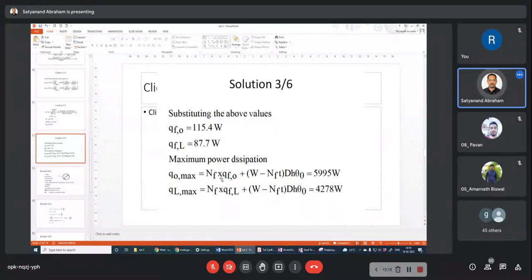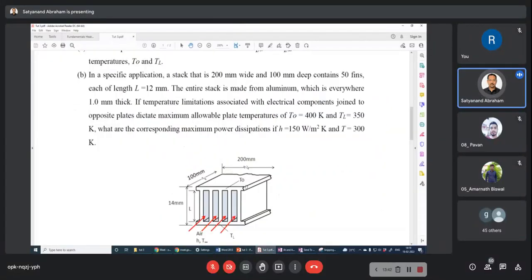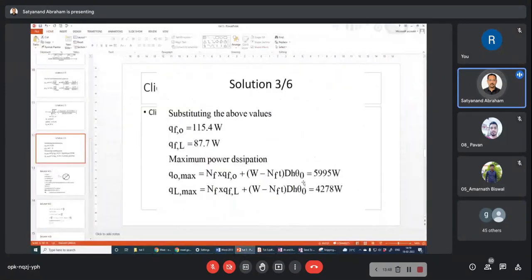So NF into QF0, number of fins into the heat transferred to one fin, plus W minus NF into T, that is, into DH into 100. That gives us the total area. Here the number of fins is given as 50 fins. All the dimensions and values are given. You only have to put them in, and you will get the value.